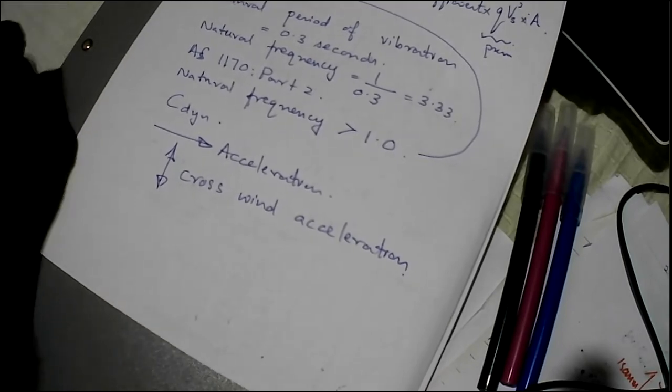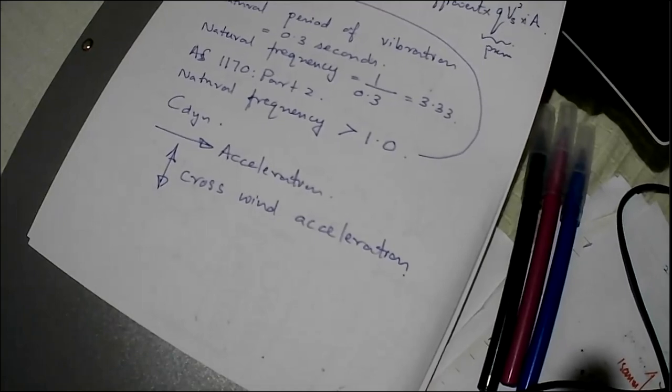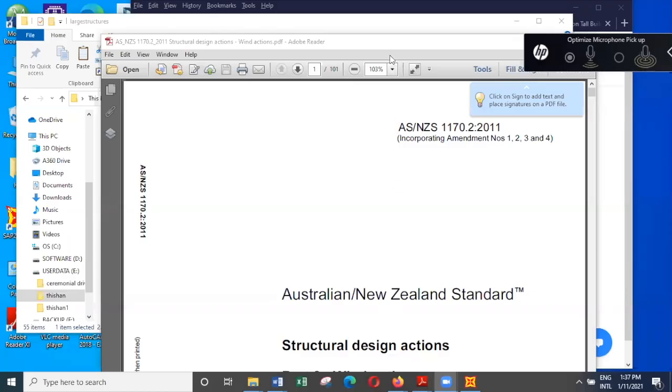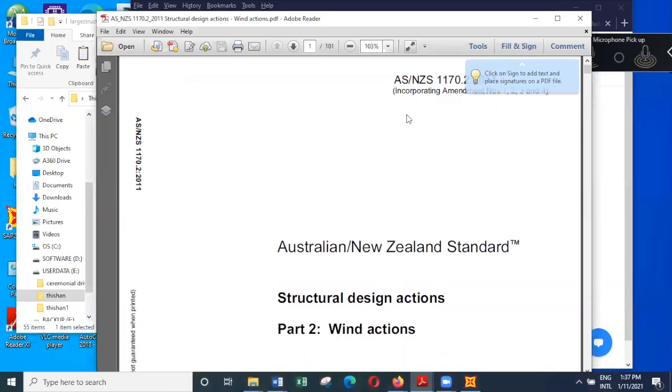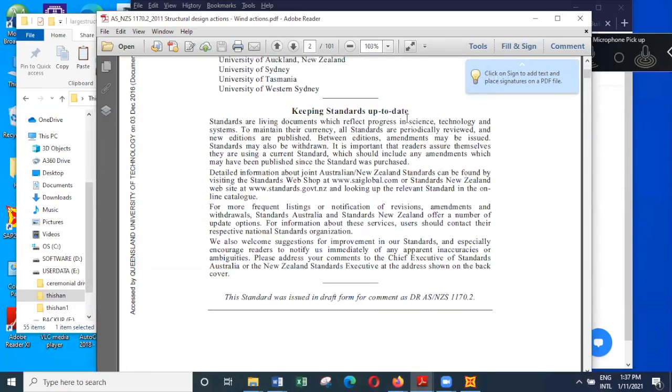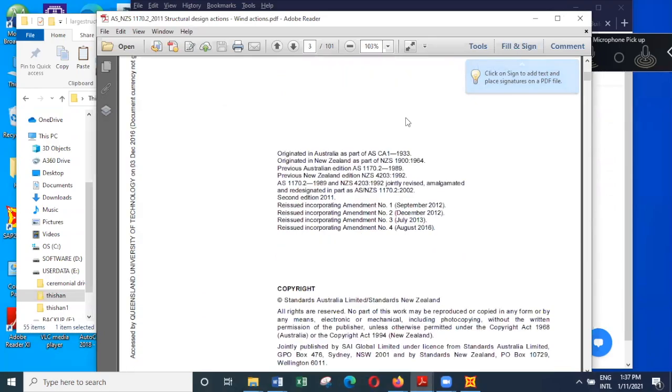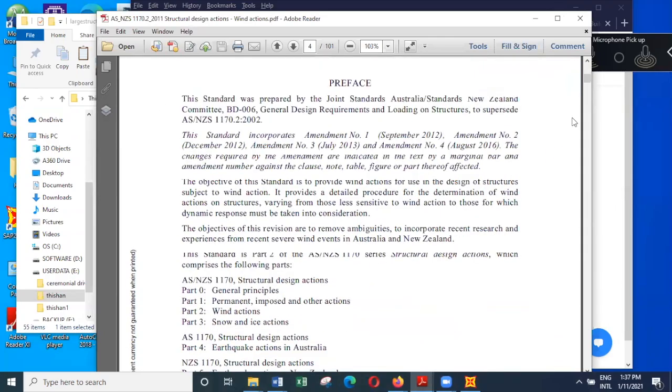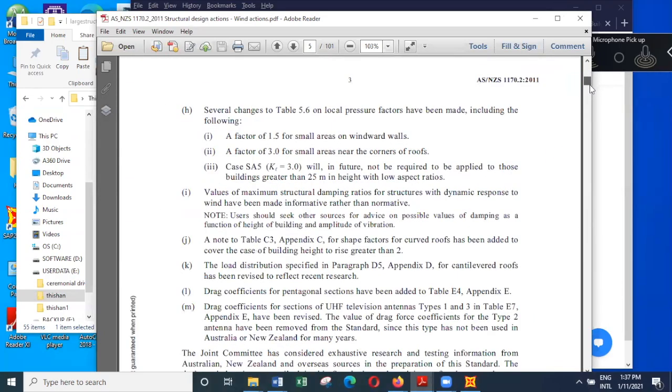And first I'll show you this wind code. So this is the Australian code, and it has a lot of information.